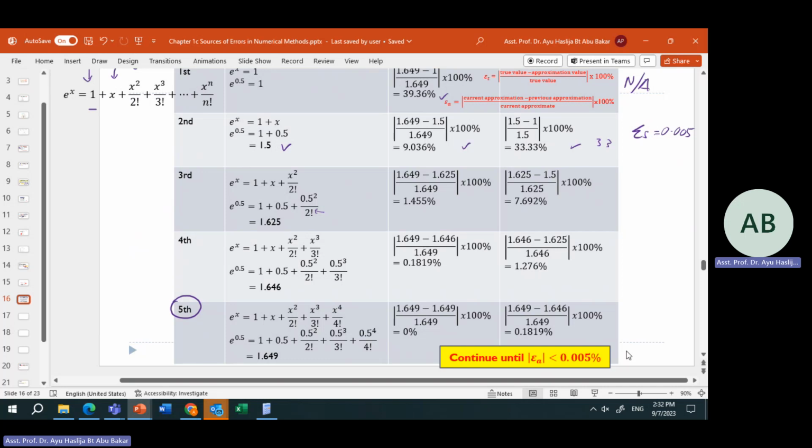What iteration to get lesser than 0.05? Six, you get 0% EA. Right?